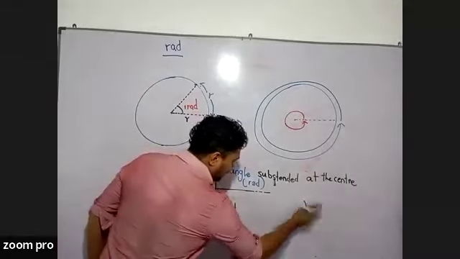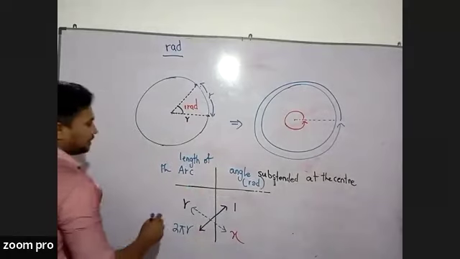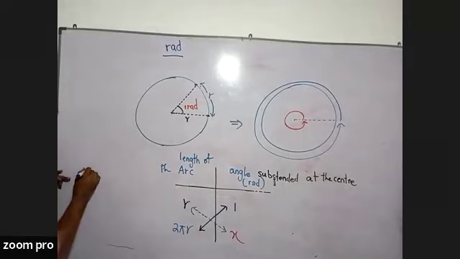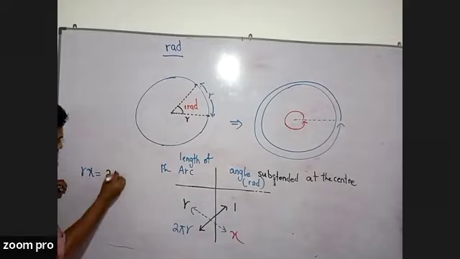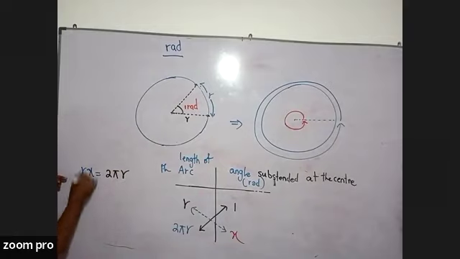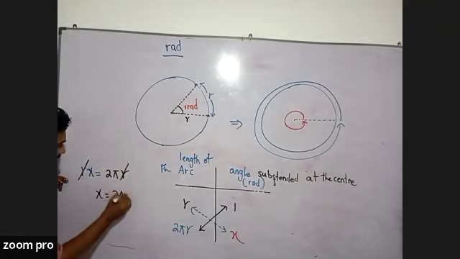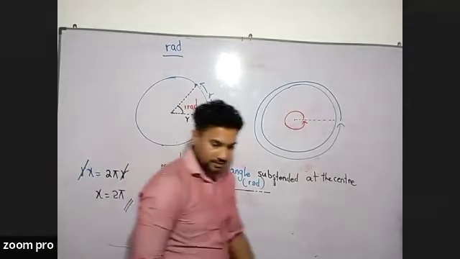Then r x, I will write down on this side. Then r x equals 2 pi r, right? If I cancel the r, then I can obtain that x equals 2 pi.